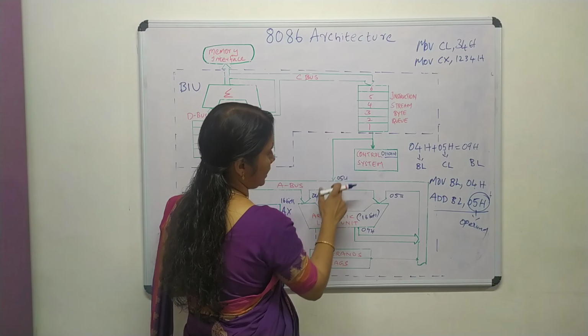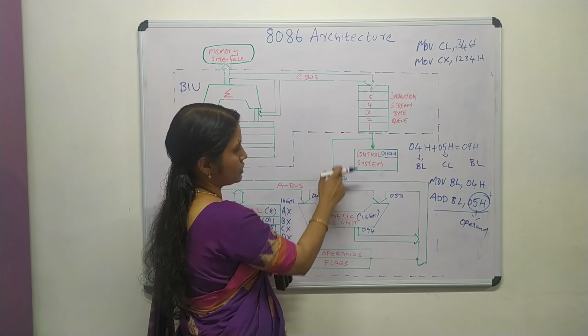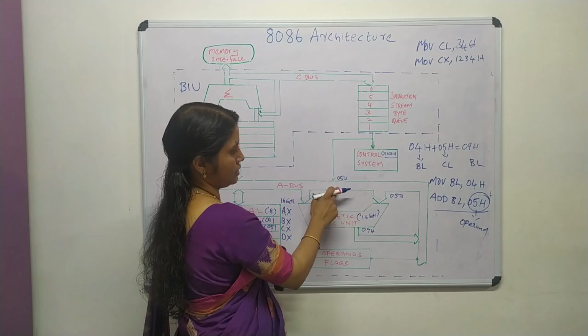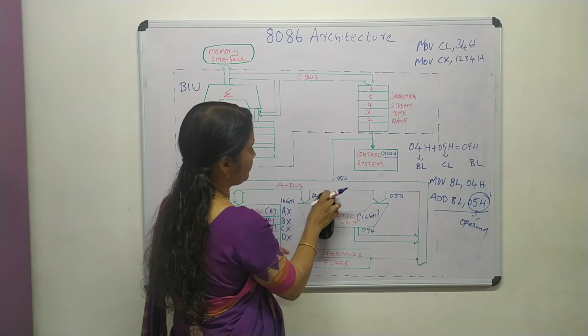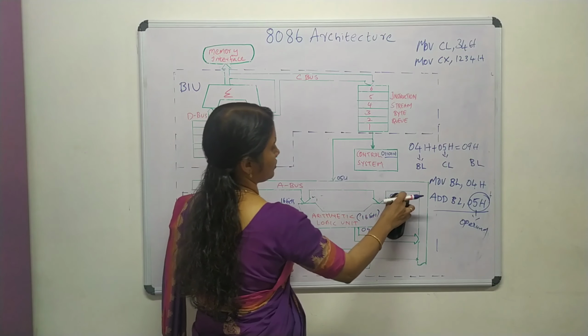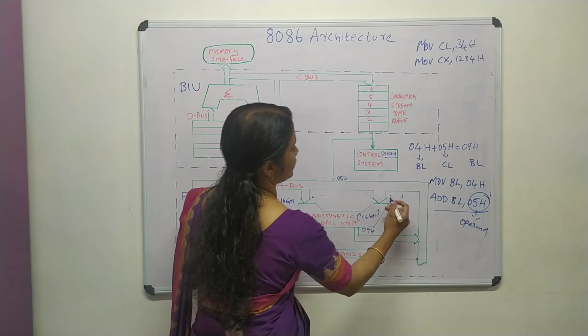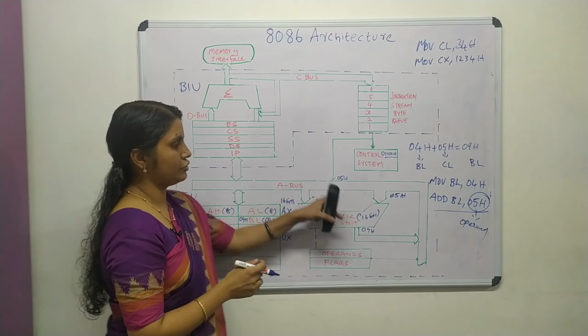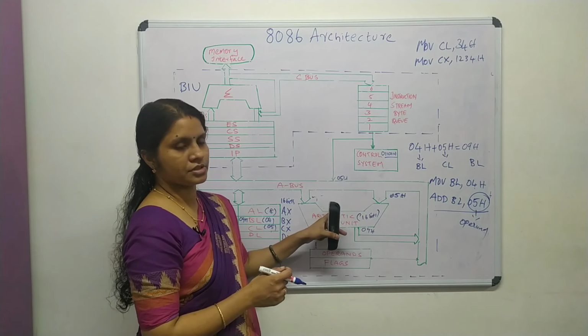It can come over directly. That is the purpose of this arrow. The value is directly fed in without going through the registers.